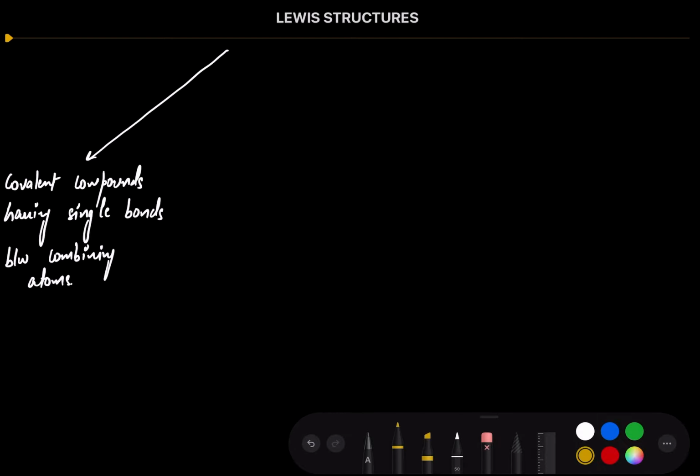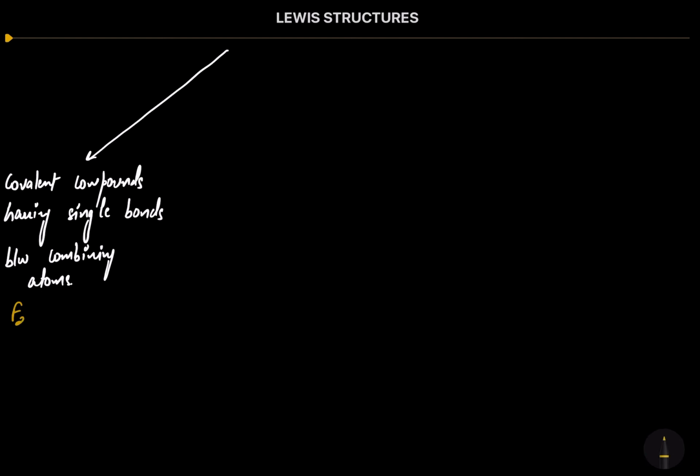Examples are F2, Cl2, Br2, I2, HCl, HBr, HF, HI, NH3, H2O, and many more.